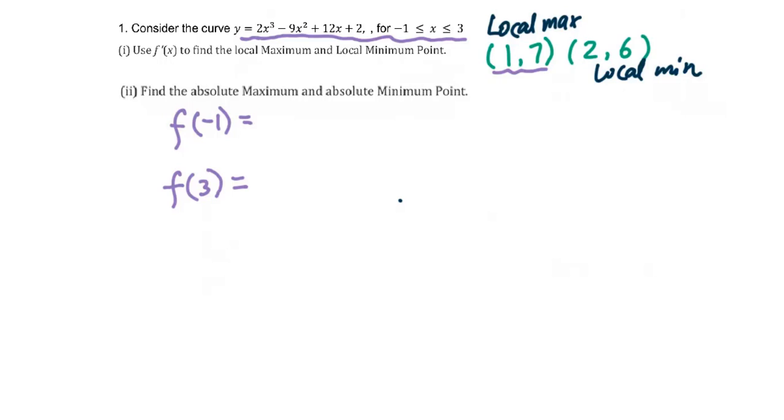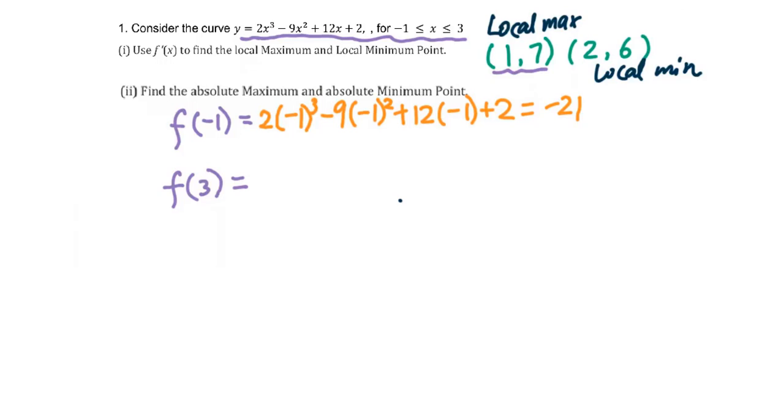For f of -1, you substitute: 2 times -1 to the third power minus 9 times -1 squared plus 12 times -1 plus 2 equals -21.